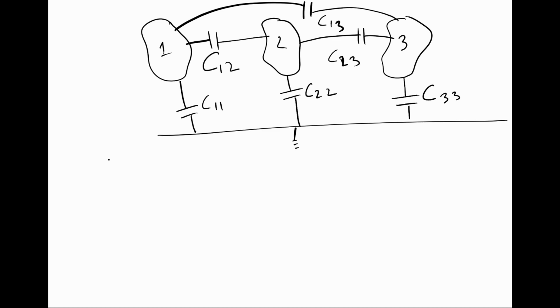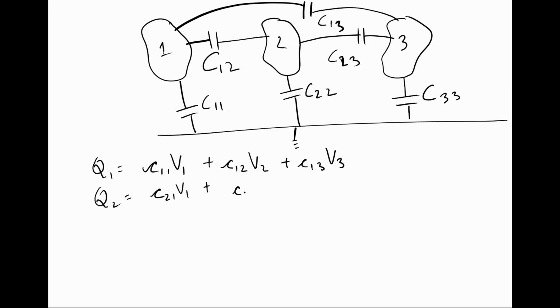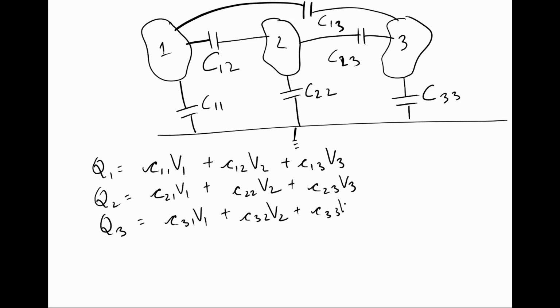Now we will try to expand the matrix form. Q1 is C11 V1 plus C12 V2 plus C13 V3. Q2 is C21 V1 plus C22 V2 plus C23 V3, and Q3 is C31 V1 plus C32 V2 plus C33 V3. This is the equation which we have written in our previous slide.